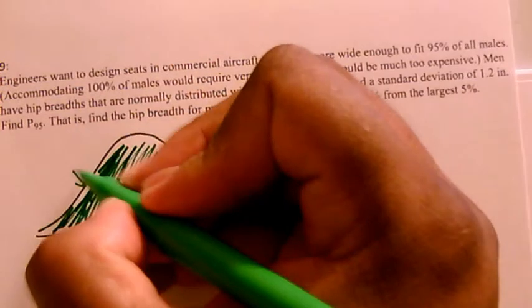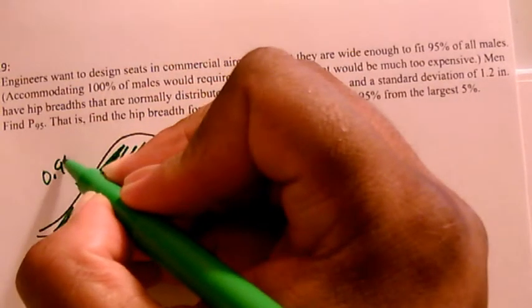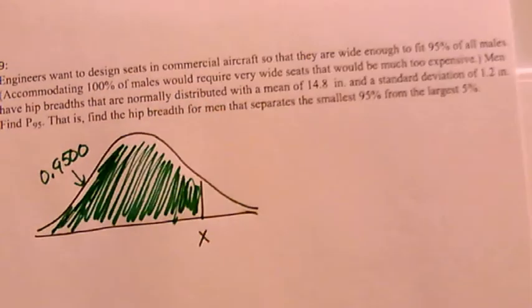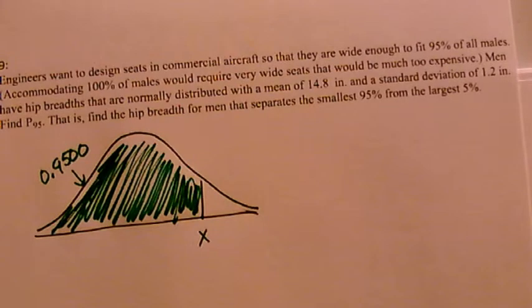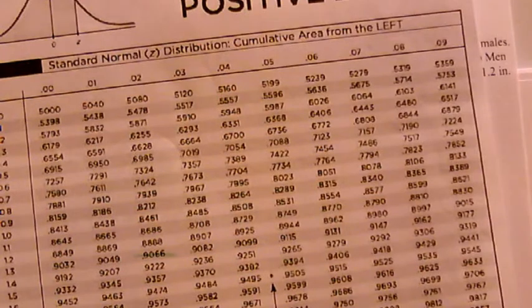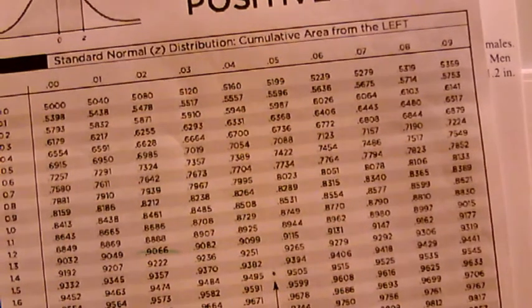Alright. 95% as a decimal will be 0.9500. And 0.9500 is bigger than 1/2, so we use the positive z-scores of our standard normal distribution.